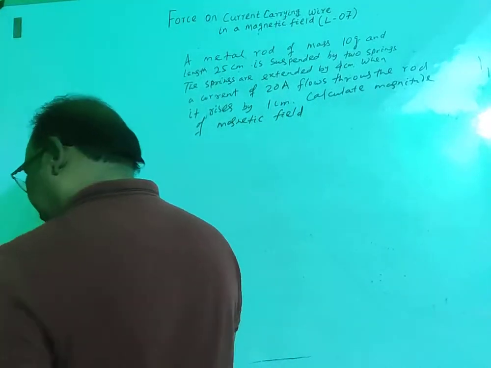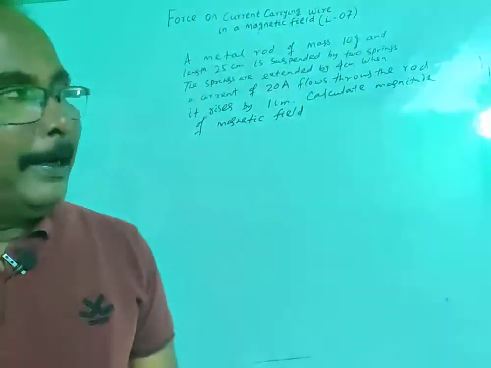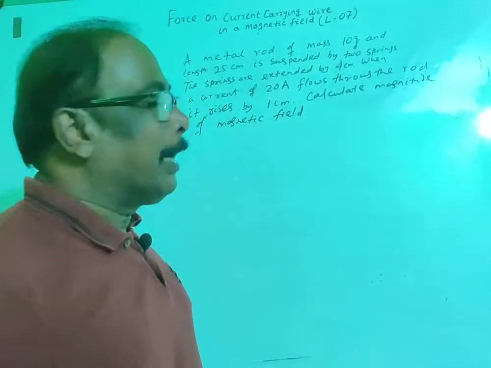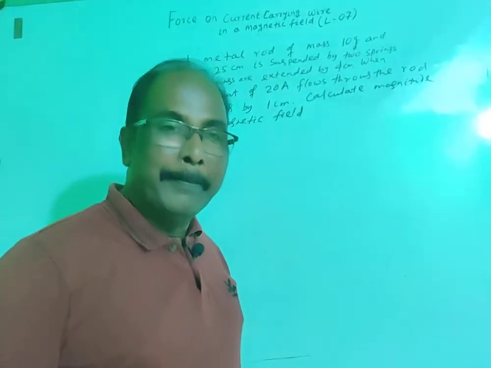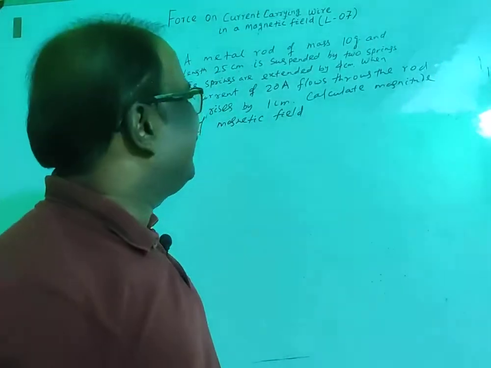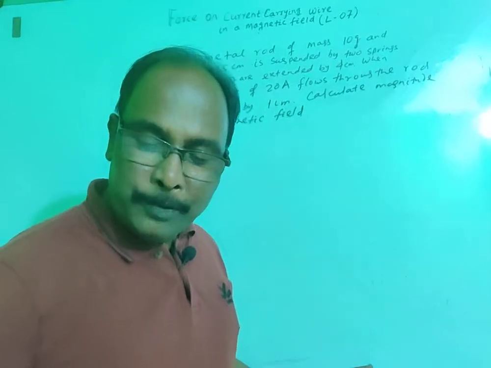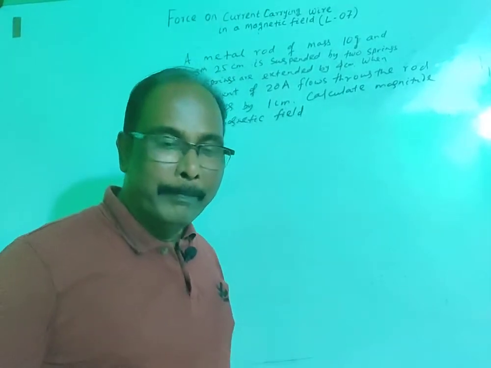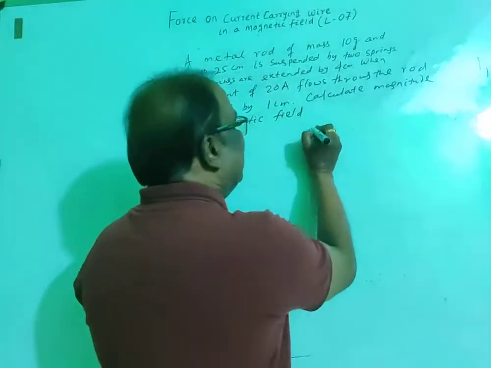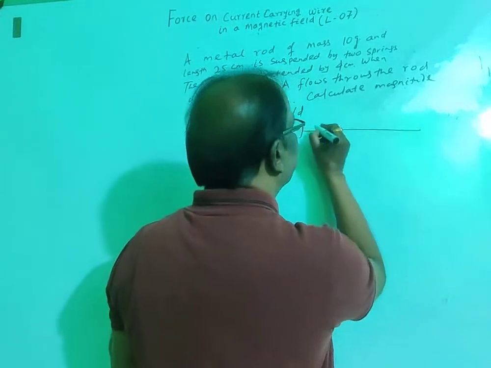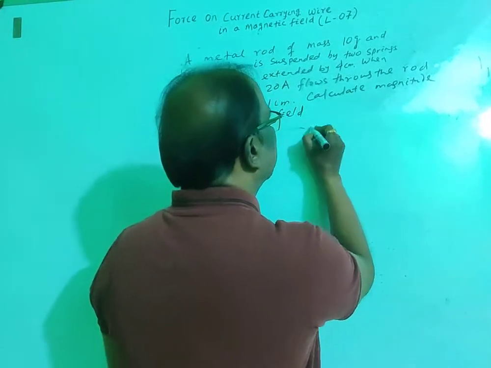Good question. We have to calculate the value of magnetic field, and the diagram is also given. The basic concept is: where there is current, there is magnetic field. This is the support.